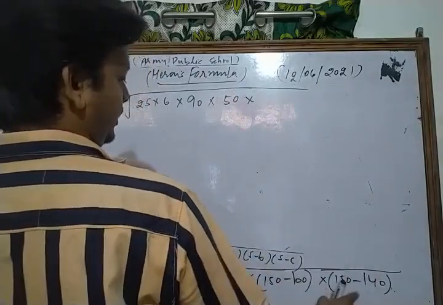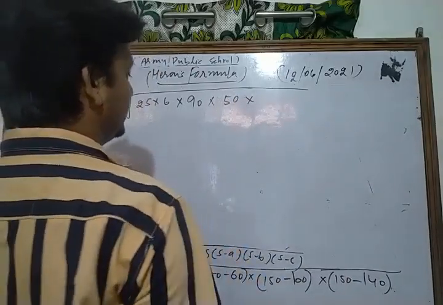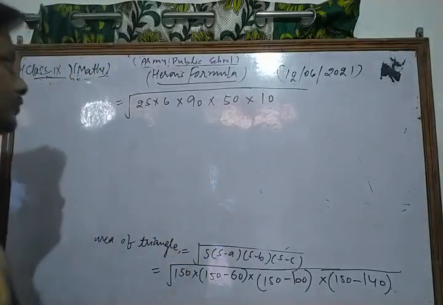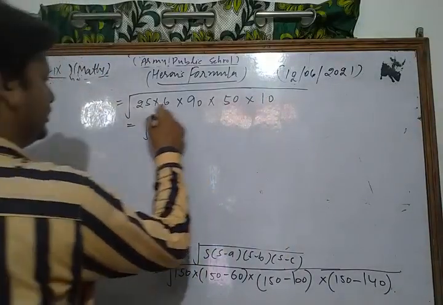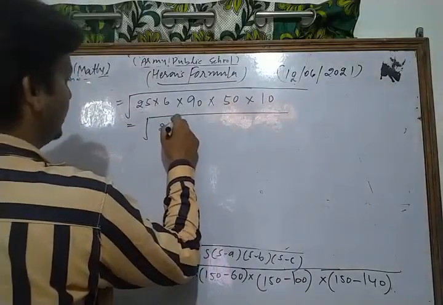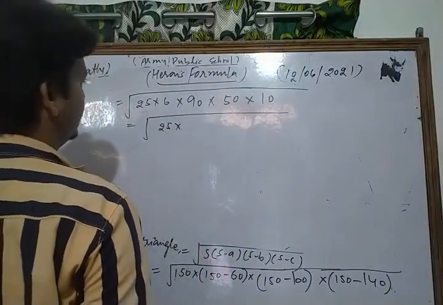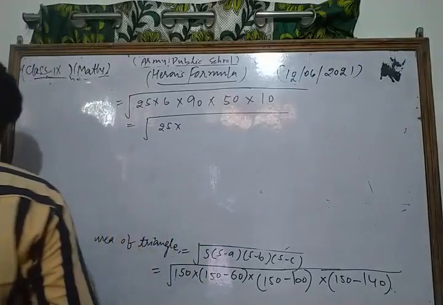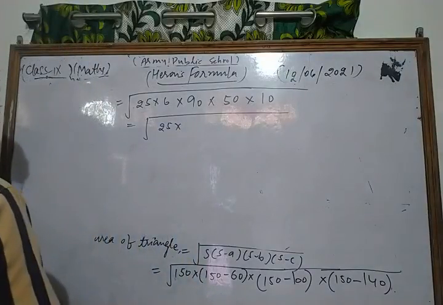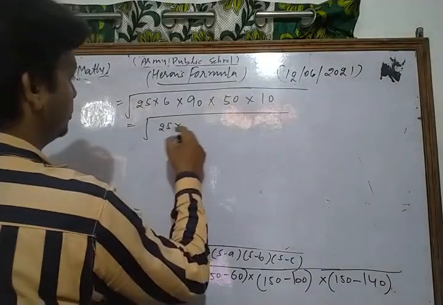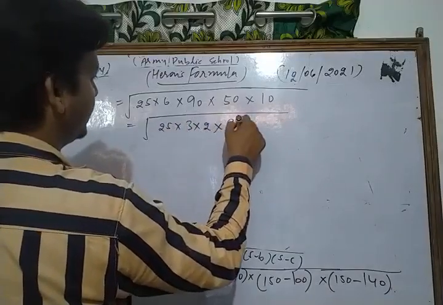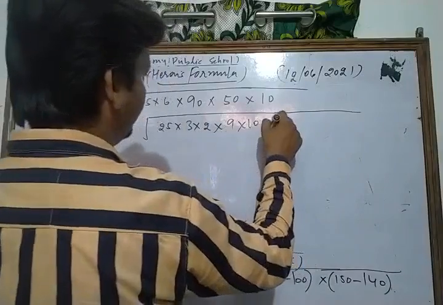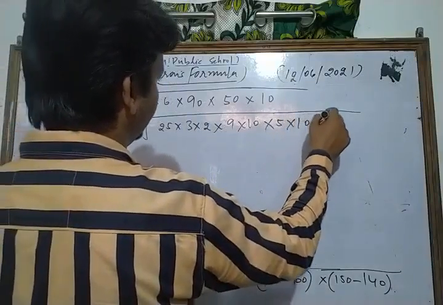And 150 minus 140, that is 10 is left. Now look, we can write 25 as it is, 6 as 3 into 2, 90 as 9 into 10, 50 as 5 into 10, and 10 as it is.